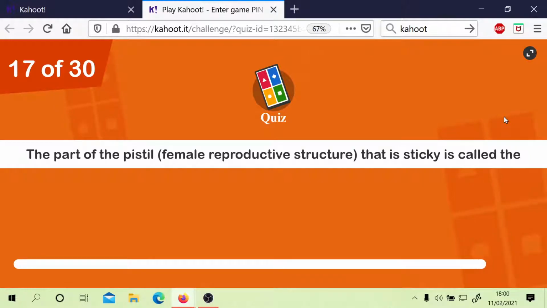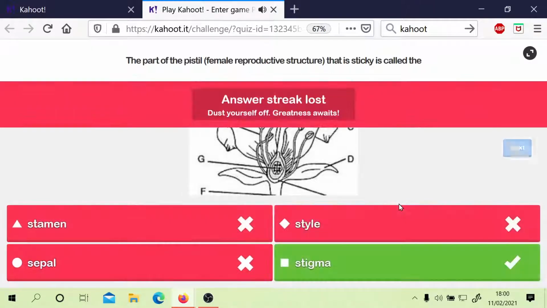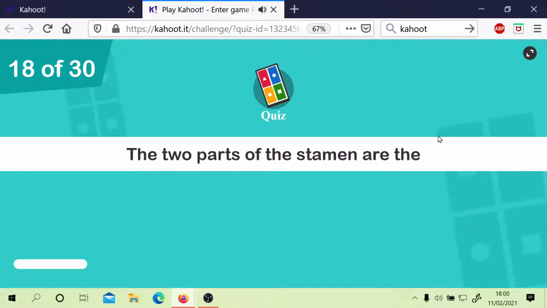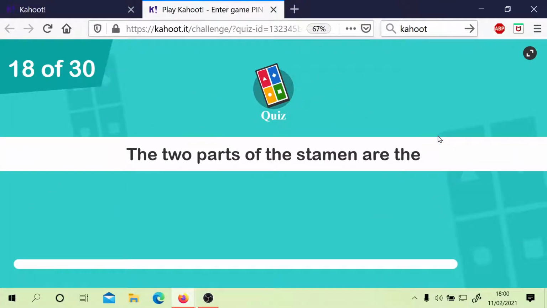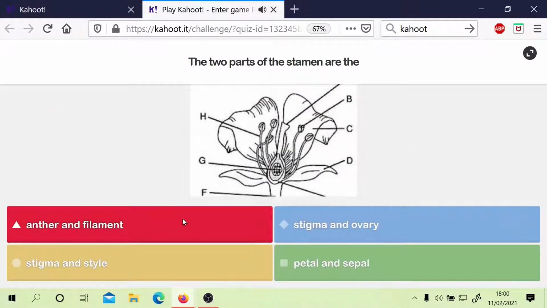Let's see if I can get this. Oh. Almost certain it's this. Stigma. Okay. Anther is what? Anther is definitely one. So it's this one.